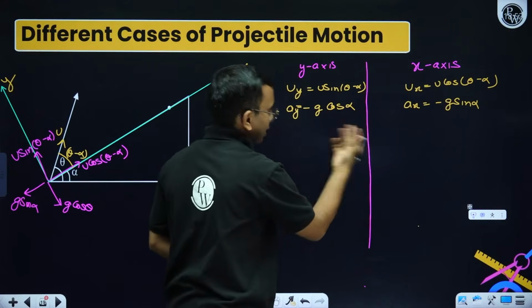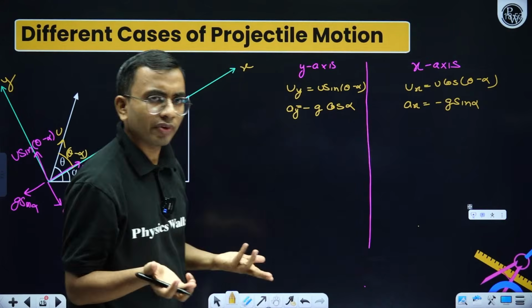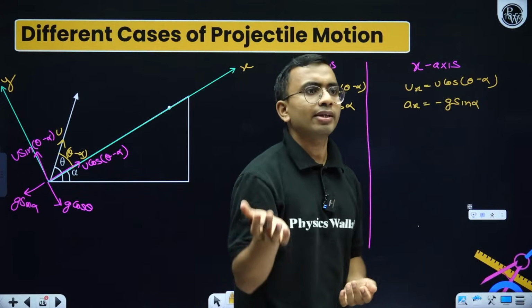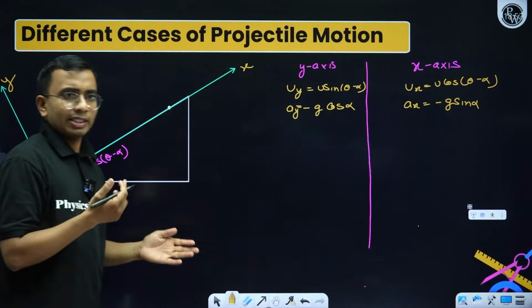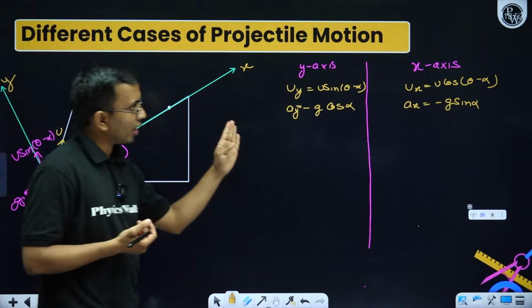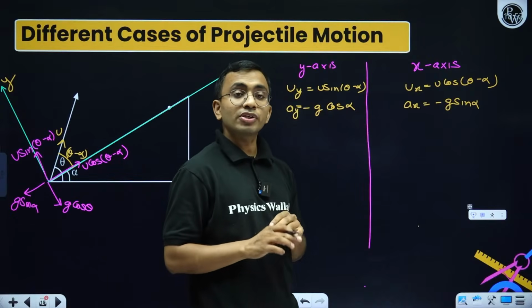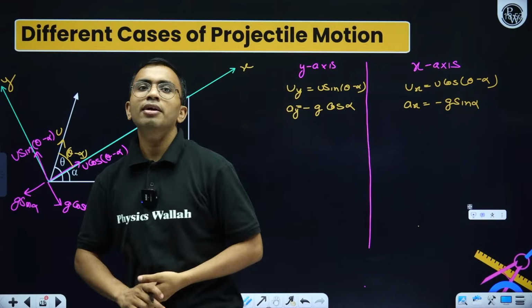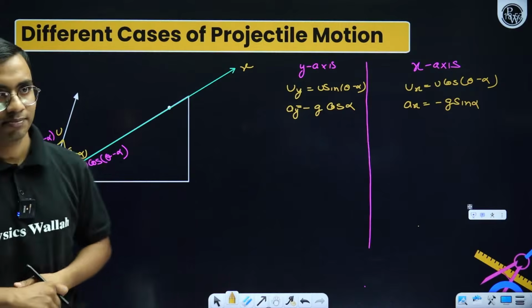Then we can write the equation for whatever we have to find: time to maximum height from the inclined plane, time of flight, the range. But here, because accelerations are along both the axes, the equations are a bit lengthy. Not complicated, but a bit lengthy.